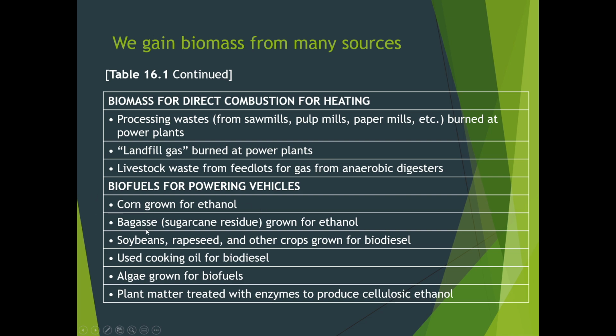All right. We also use sugarcane, soybeans, rapeseed, and other crops for biodiesel. So this is a little bit different than the ethanol. This is a biodiesel, and depending on the plant and the lipid oils inside of these seeds, that will give us the biodiesel. So it's basically a vegetable oil that you put in your pan, or you fry your French fries in that vegetable oil.